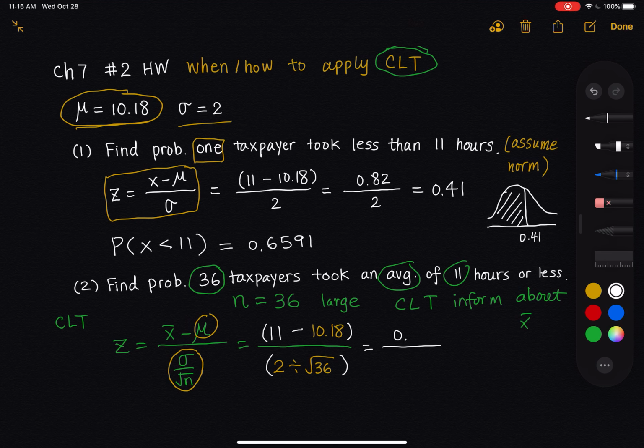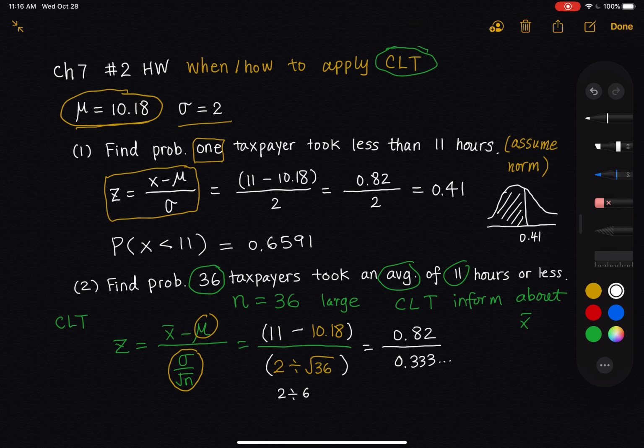It's just 0.82 divided by 2 divided by square root of 36, which is just 6. So what is 2 divided by 6? Well, it's 1/3, or you can write 0.333 and so on. And either way, you can use a calculator. You don't have to break it down. You can enter the whole thing all together.